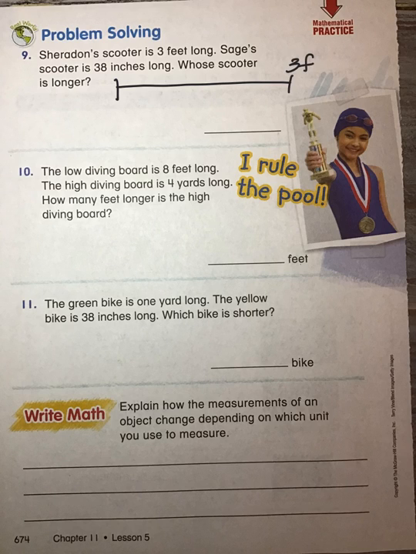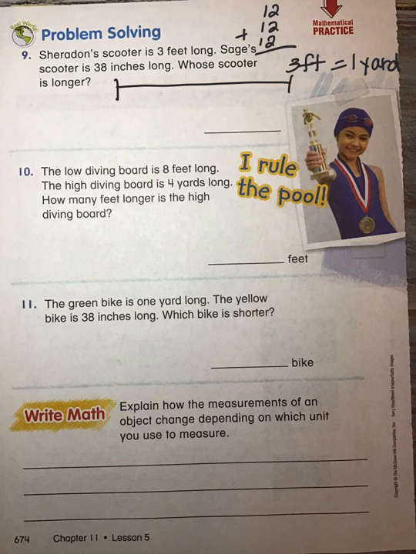Now, do you remember how many yards are in a feet? 3 feet, that's 1 yardstick, right? And if you remember that there are 12 inches in 1 foot, that means if I add 12 plus 12 plus 12, and you guys know how to do this, add that all together, I will find out how many inches there are in 3 feet.